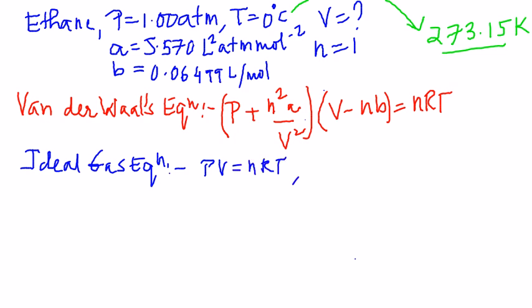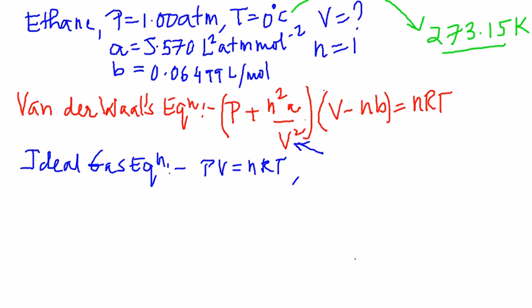So from here, what you can do is, if you want to calculate the molar volume V, you see there's a V square out here in van der Waals, and that will complicate calculations. So what we want to do is demystify the van der Waals equation to simplify our calculations. And this term is typically a pretty small term.